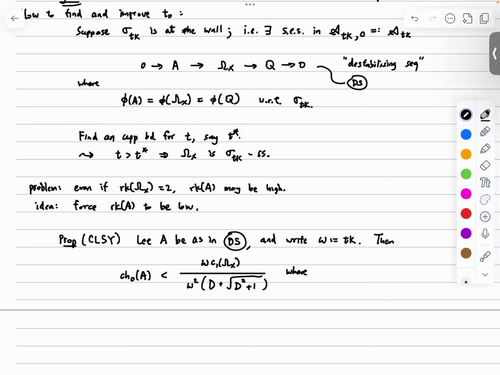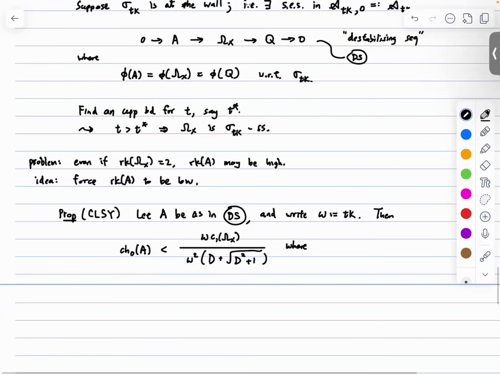And here, D is a number. D is actually the Bridgeland slope, which is the negative of the imaginary part of the complex number for the cotangent bundle divided by the real part of that complex number.